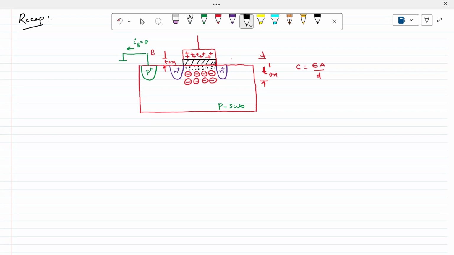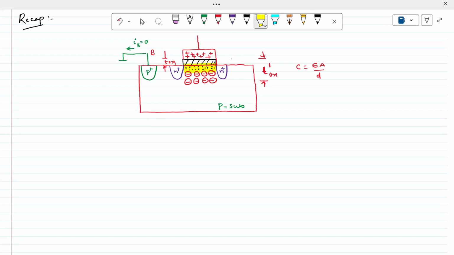If you keep on increasing the top plate charge, more and more carriers accumulate under the silicon dioxide. What are these carriers? These carriers are nothing but electrons. These electrons come from here, so this is the place where we can see all the free carriers are available.